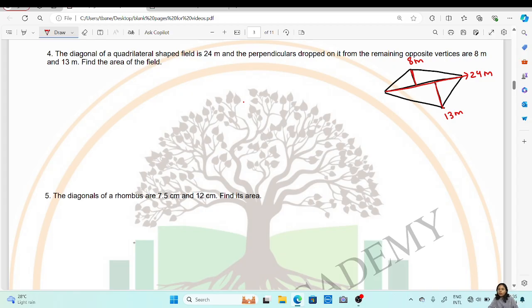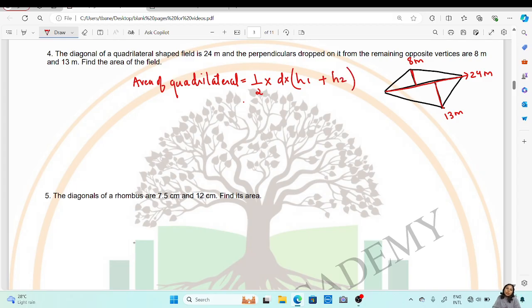Now in this case what we'll write is, area of quadrilateral is given basically by half into the diagonal into height 1 plus height 2.